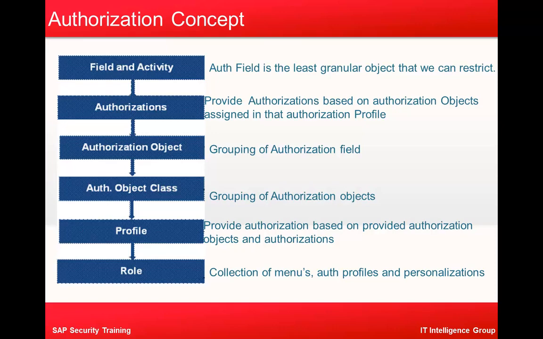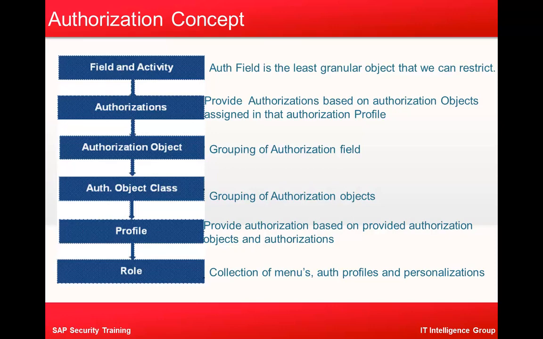A grouping of authorization objects is an authorization object class, and the authorizations based on authorization objects are there in the profile, and a collection of menus, auth profiles and personalizations are there in the role. So you can see at the bottom the least granular object that we can restrict is an auth field, and at the top is the role, which consists of auth profiles and personalizations.